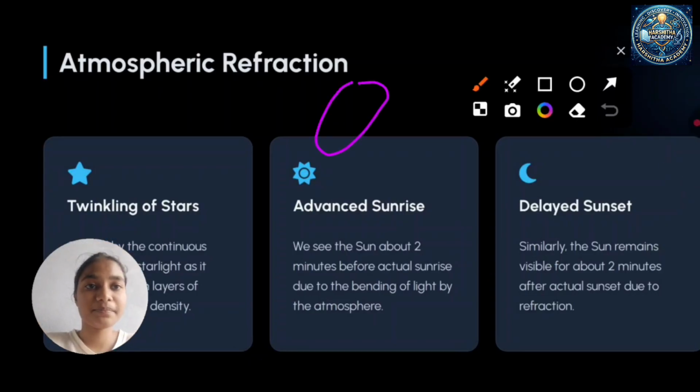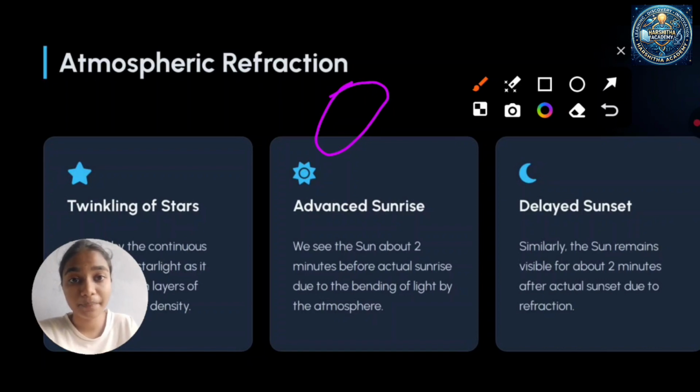If this is the earth planet, it's surrounded by different gases, and those gases make the light bend.